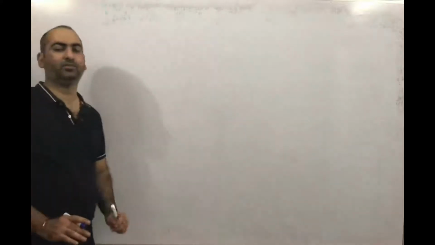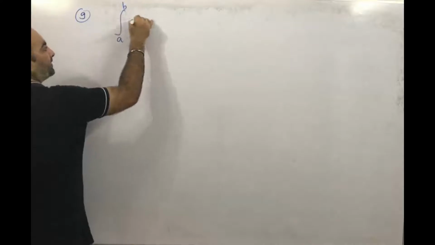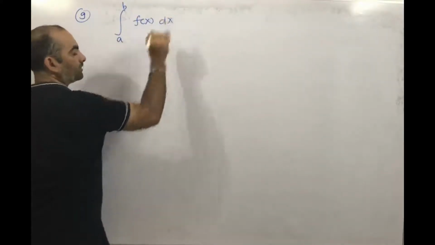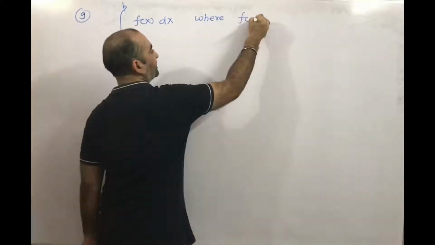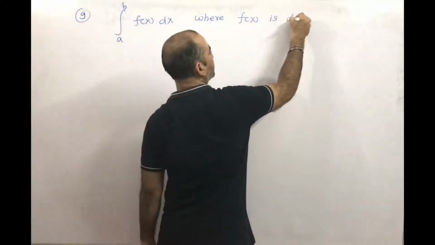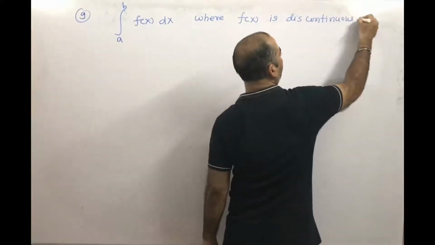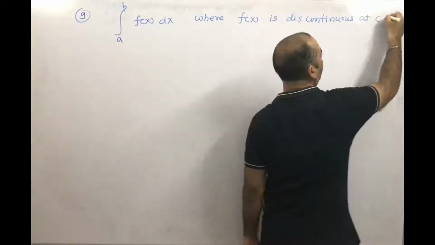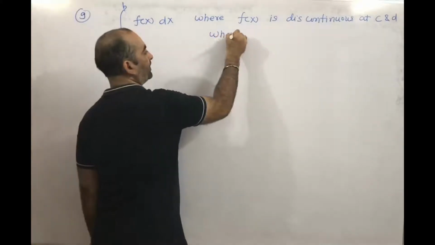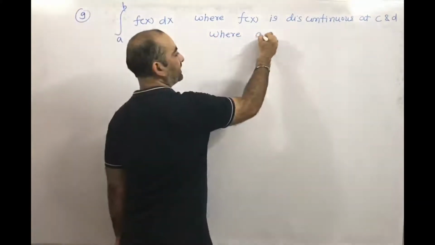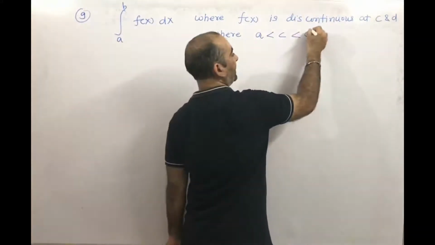Next we are discussing the ninth point. The ninth point is the integration of a to b f(x) dx, where f(x) is discontinuous at c and d, where a is less than c and c is less than d and d is less than b.